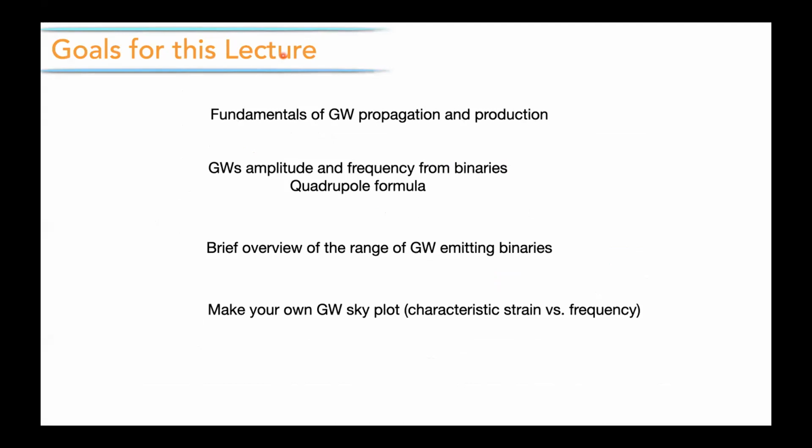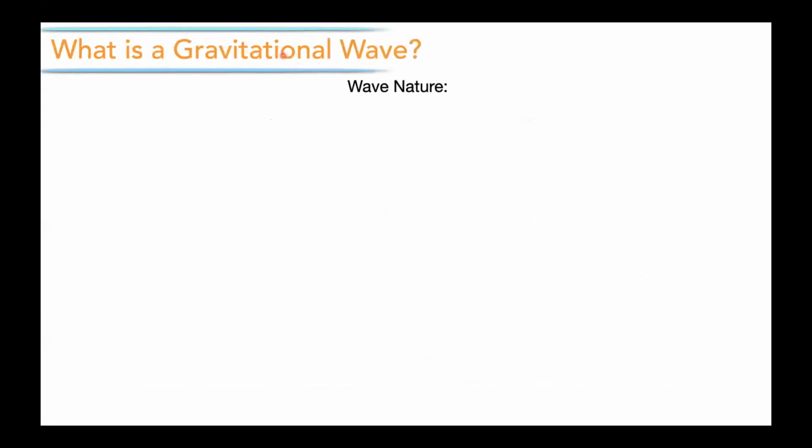Then we'll get to this idea of why changing quadrupole moments generate gravitational waves by deriving the quadrupole formula. And I hope at the end we look at a little overview of the different types of emitting compact object binary merging sources. And then hopefully you have everything you need to make most of that plot and understand why that plot is useful.